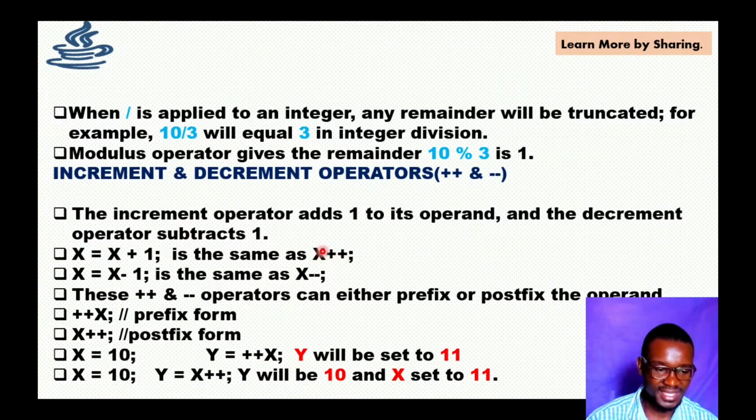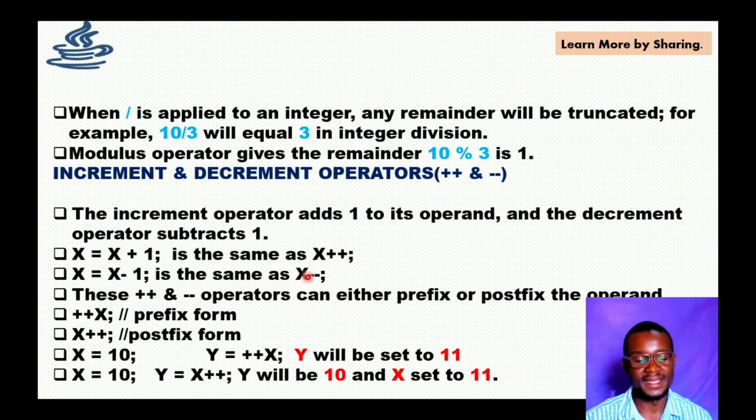You just say x++ and close with the semicolon. That will give you the next value, which is 11. The second one, x equals x minus 1, is the same as saying x--, the decrement. You say x decrement, which means you remove a value of 1 from that operand.